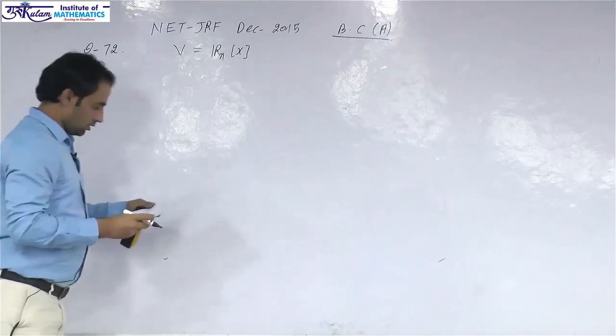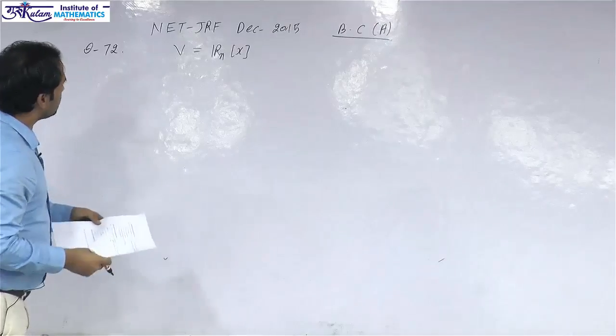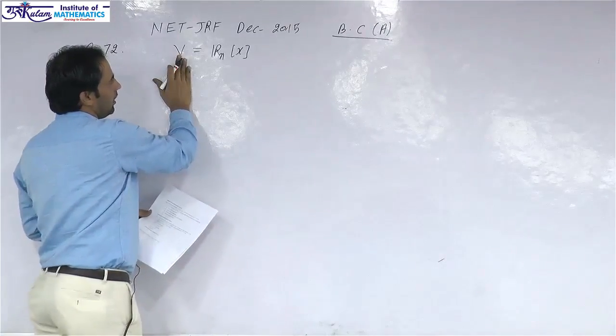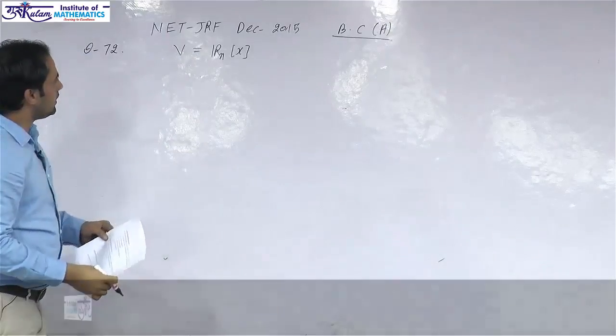So let's discuss question number 72. V is a vector space of polynomials with degree at most n.